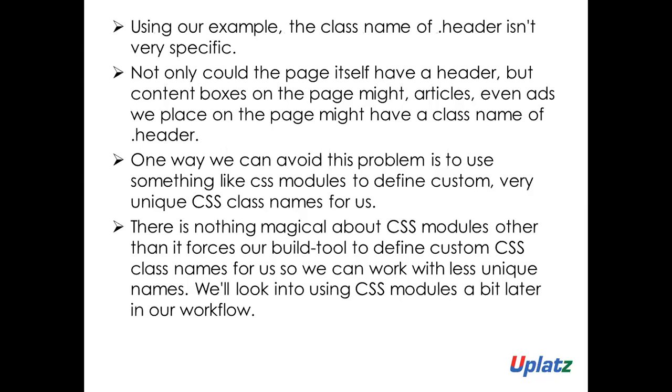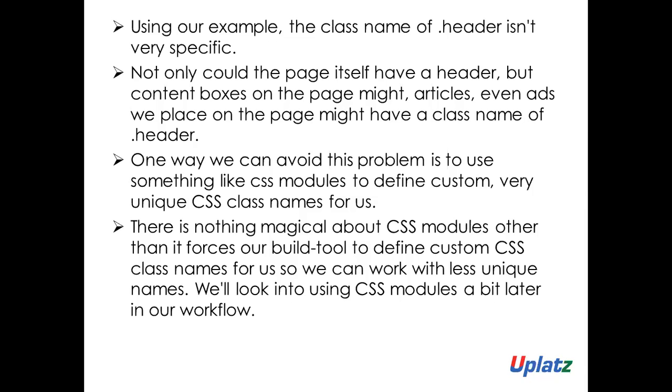So using our example, the class name of dot header is not very specific. And not only could the page itself have a header, but content boxes on the particular page might have articles, even ads. So we also place on a page that might have the class name of dot header.